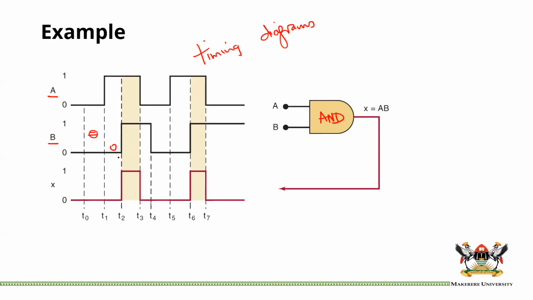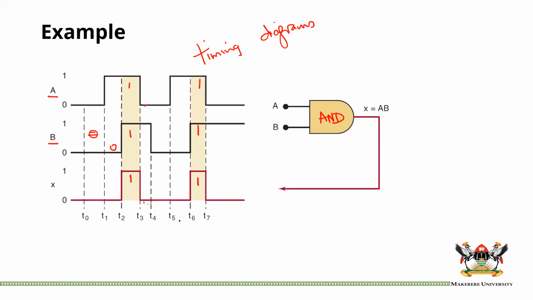Here this is low. So the fact that there is a low input will make the output low. It is in this situation where both are high, giving us a high. But from this point, A goes back to 0, so everything goes back to 0 until this point where you have a high here and a high here, giving you a high again.